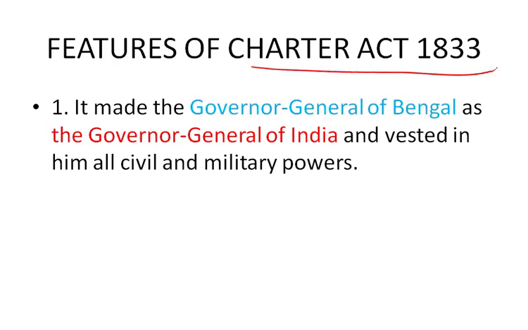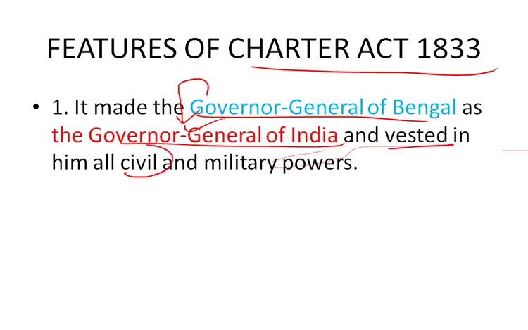The first feature is that the government decided, instead of Governor General of Bengal, let us make a Governor General of India for the entire territorial area possessed by the British in India. So the Act made the Governor General of Bengal the Governor General of India and vested all civil and military powers with him.